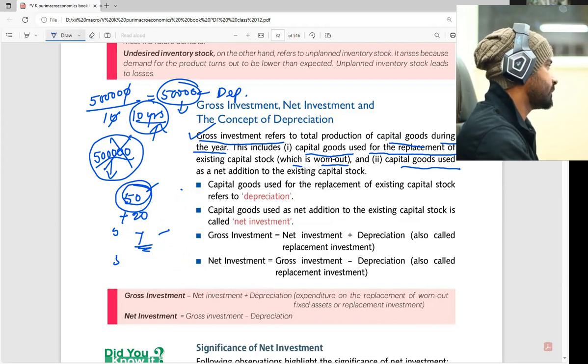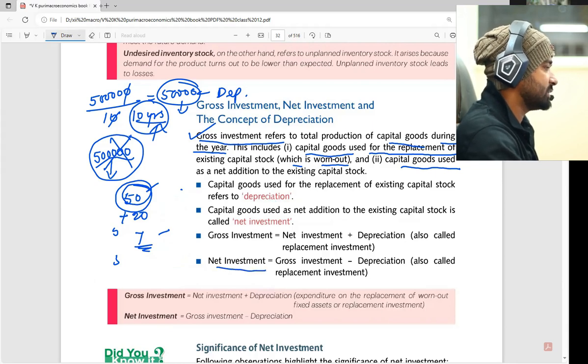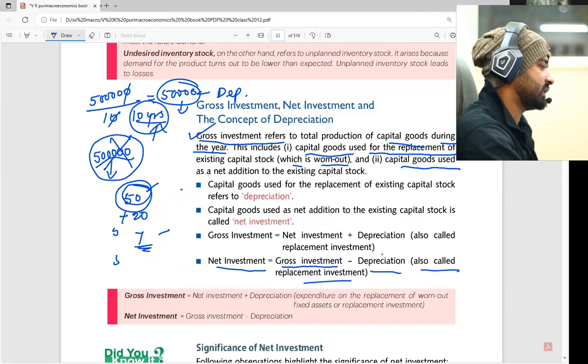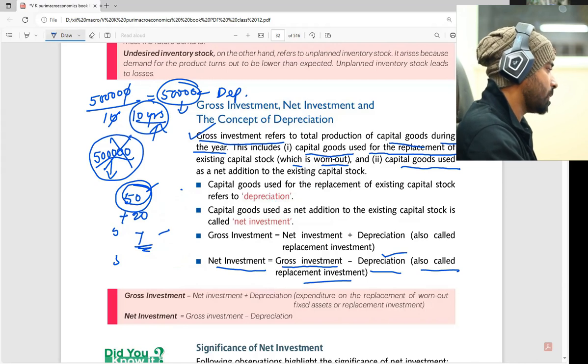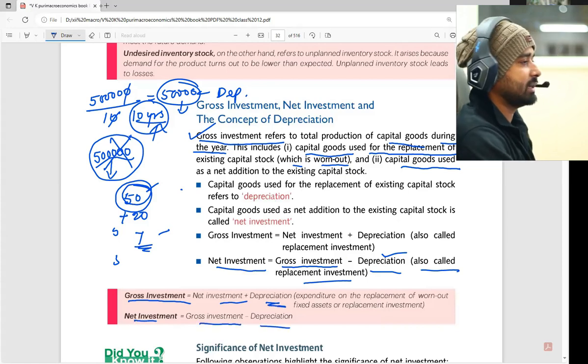Before moving on, the formula for net investment is gross investment minus depreciation, also called the replacement investment. Depreciation is otherwise known as the replacement investment also. So here we have two formulas: gross investment equals net investment plus depreciation, or net investment equals gross investment minus depreciation.